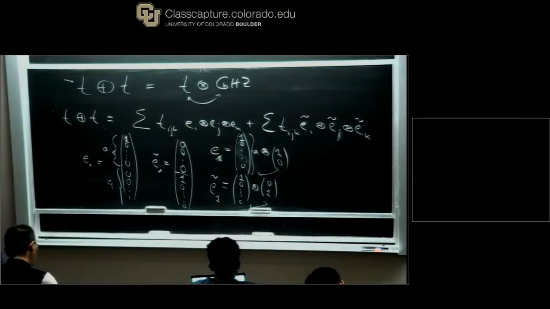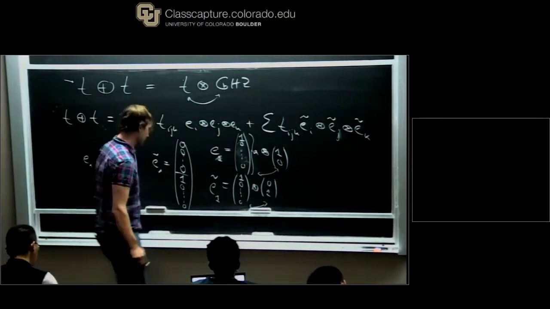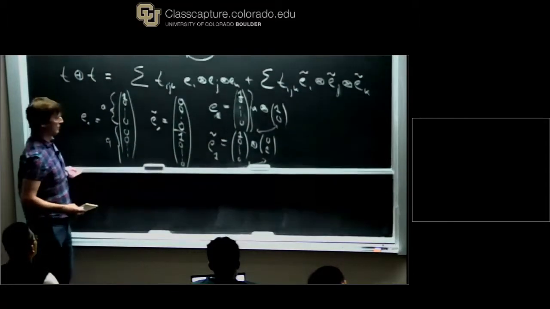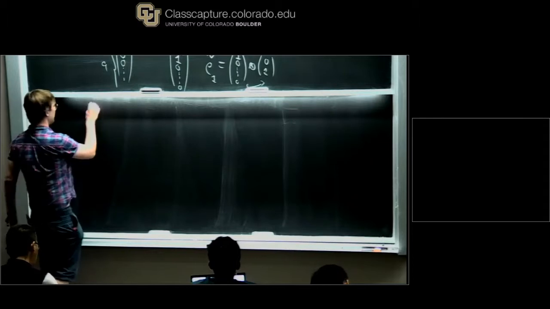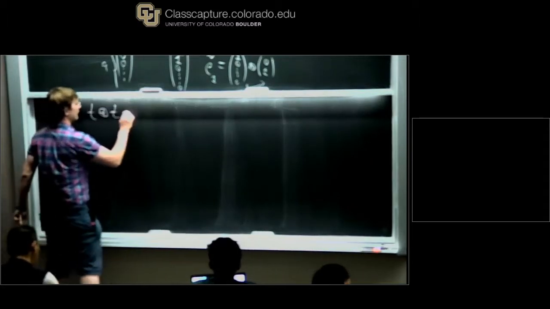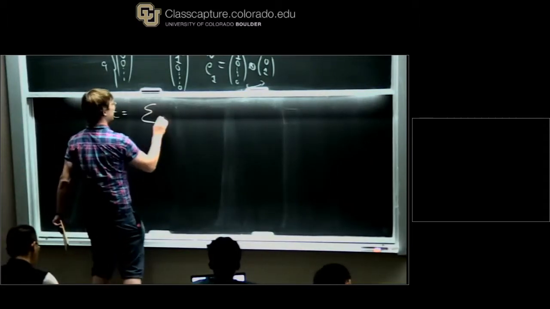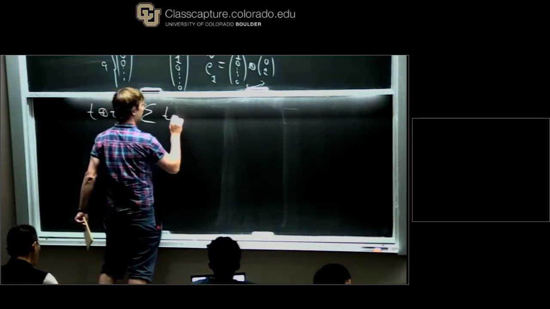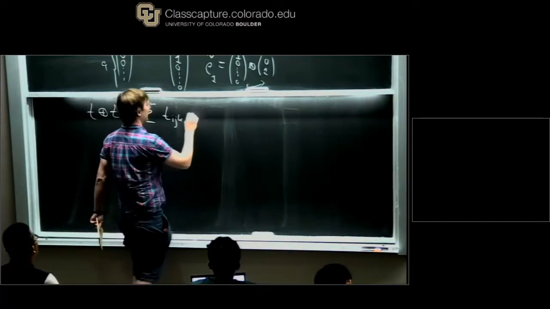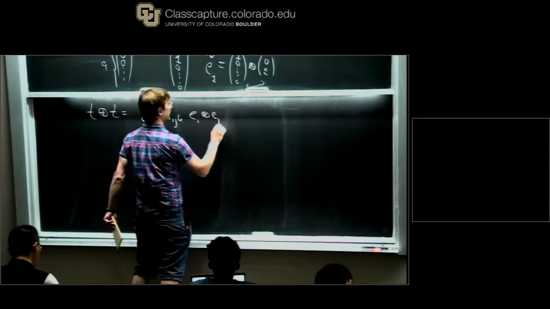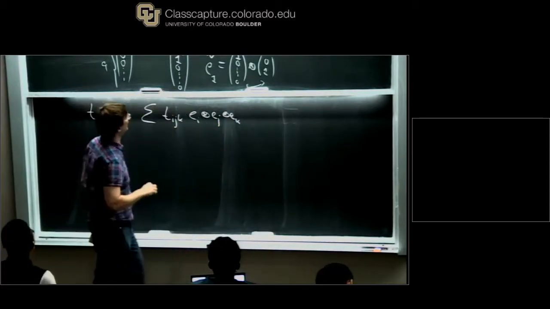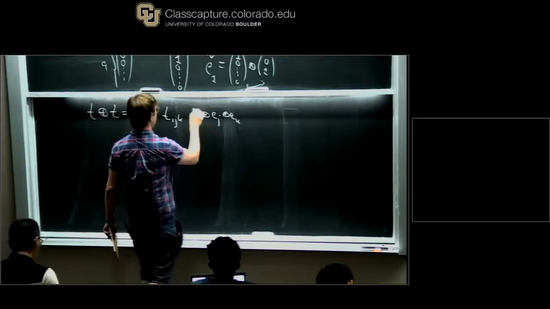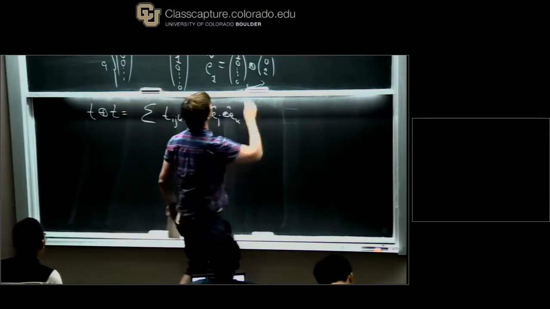So, and then what you see is, all right, that T direct sum T is actually equal to the sum over Tijk, and then I have ei tensor ej tensor ek, where I now, let me call these hat.